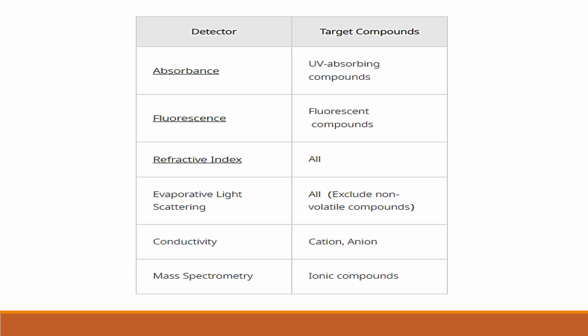And the mass spectroscopy detector detects the ionic compounds. It is a destructive detector, that is, the sample will be lost here as the sample is ionized, and these ions are then detected using mass spectroscopy.